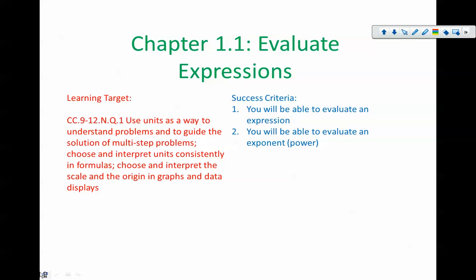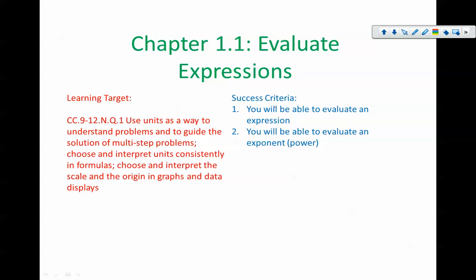This is chapter 1.1, our very first video in a number that we're going to be looking at this year as we go through this algebra course. In this video, we are reviewing some basics, evaluating expressions. We've got our Common Core standard over here that this matches on the left.